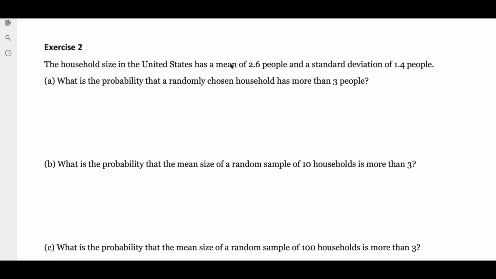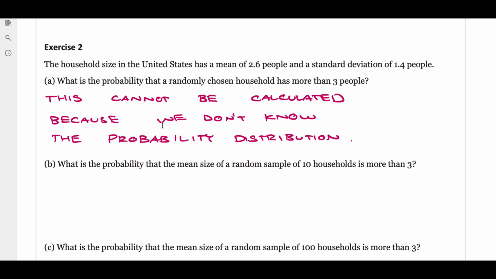And since the probability distribution is not given anywhere here, we cannot use the central limit theorem to calculate this probability. We have to say that this cannot be determined because we don't know the probability distribution.